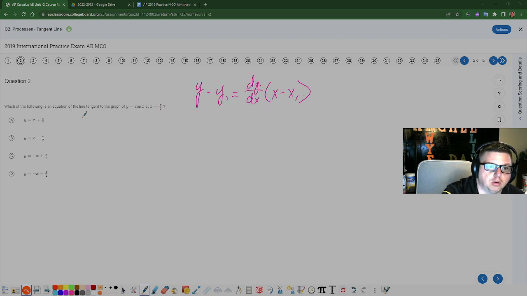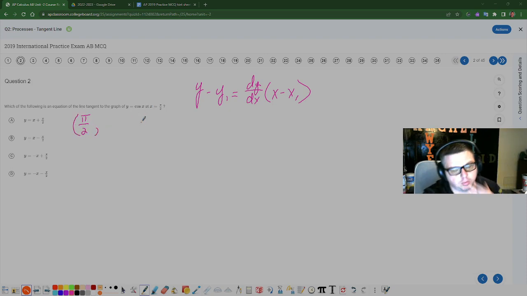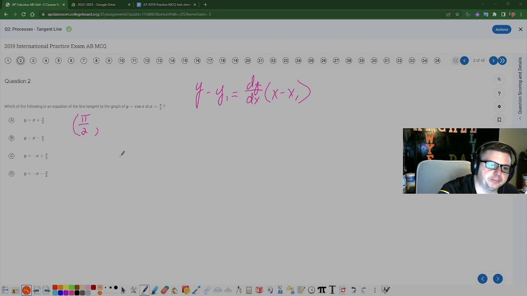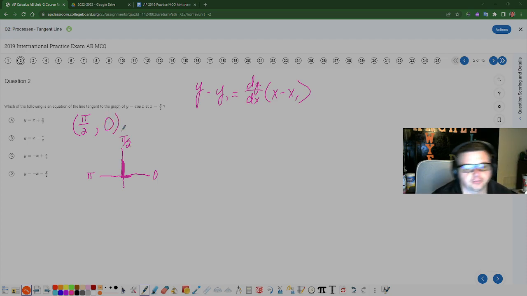So what we know is that x is pi over 2. What we need is the y value. So if we plug in pi over 2, let's think about that. If we go 0 to pi over 2, this is our triangle, and we want the adjacent over the hypotenuse, so the adjacent is 0.